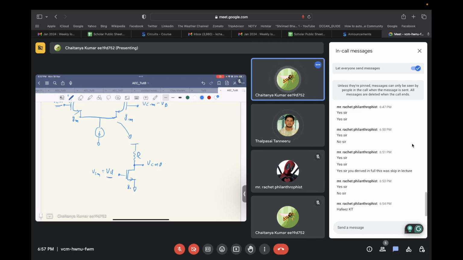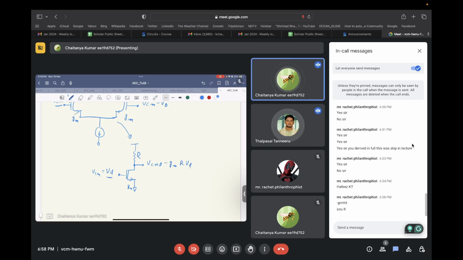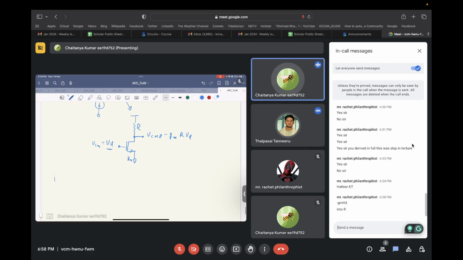This is GM. Sir, minus GM into R into VD. Minus GM into R into VD. Okay. Now the first condition we will take is for it going into triode. For this transistor to not go into triode, what will you have to do?